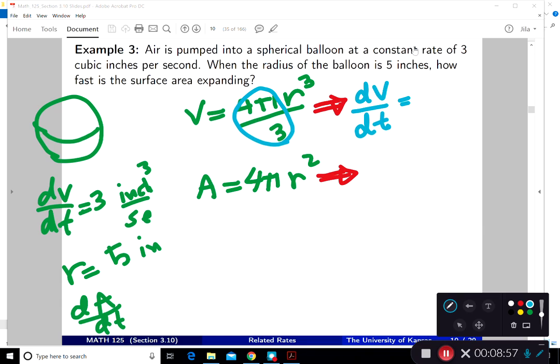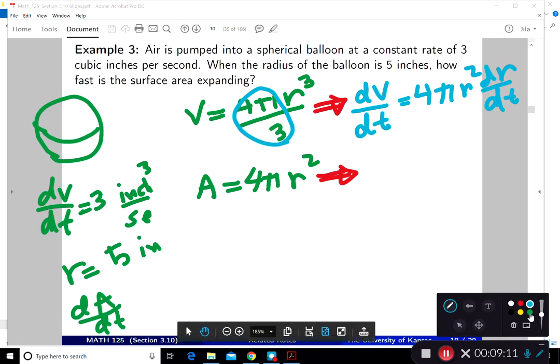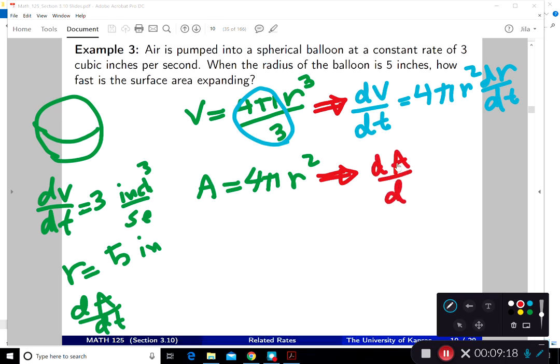So I have 4 pi over 3 times 3r squared, which makes it 4 pi r squared, then the derivative of inside, which is dr/dt. Then I will have in here dA/dt, and the 2 comes down, and I get 8 pi r dr/dt.